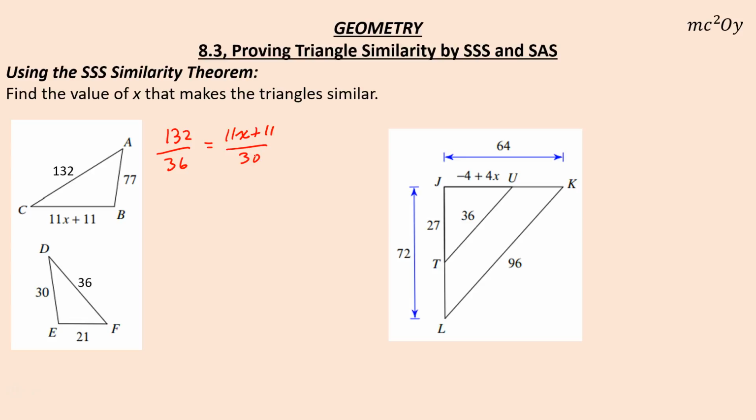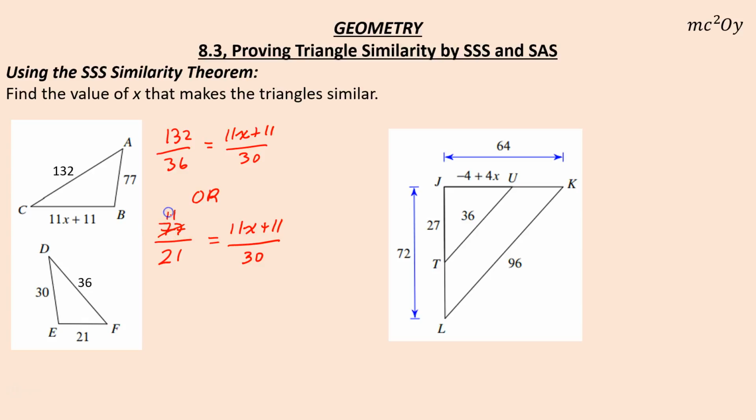Okay? Or you could have said another one. You could have said 77, shortest side, over shortest side is equal to medium side over medium side. In this case, it's easier to deal with 77 and 21 than it is to 132 and 36, at least in my eye. So I'm going to use this proportion. I'm going to kind of ignore this one up here.